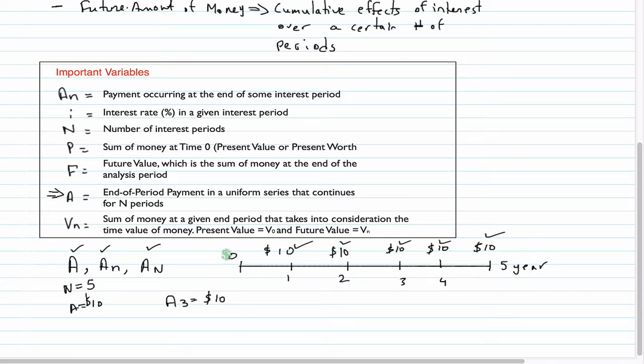Now you start with $0, let's say, and you need to pay at the end of 5 years $50, or you owe somebody $50 and you want to pay them by 5 years. Now your n is equal to 5 and your a is equal to $10.